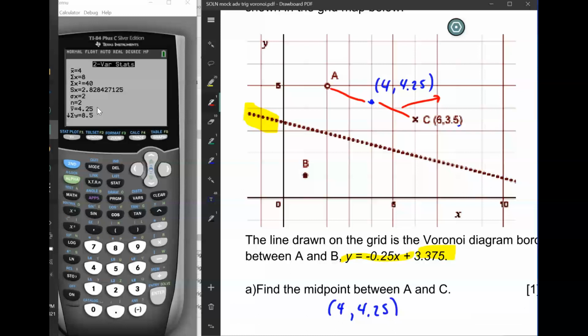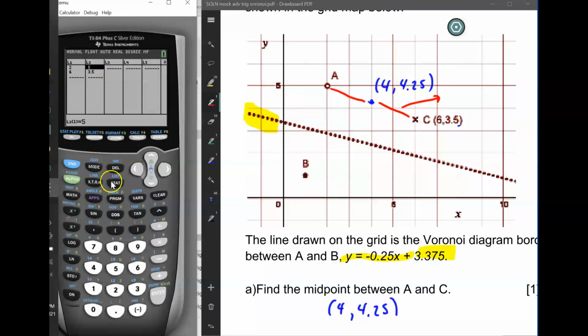To find the slope of the red line, we're already halfway there because we already put the A coordinates and the C coordinates into stat edit. All we need to do now is take our stat edit values. You can see that we have A across the top and C across the bottom. We're just going to do stat calc and linreg, which is option 4.